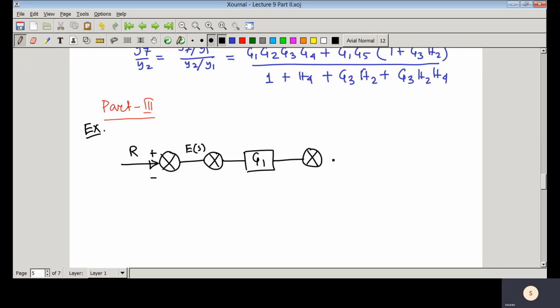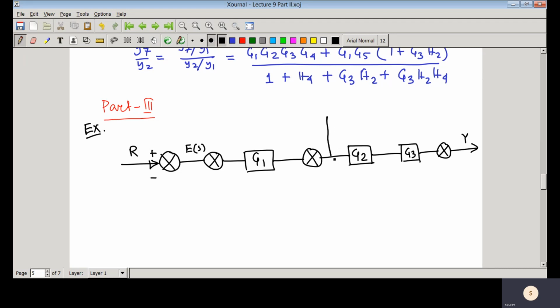You have another summer. You have G2, another transfer function. G3, you have another summer here, and this is the output variable.